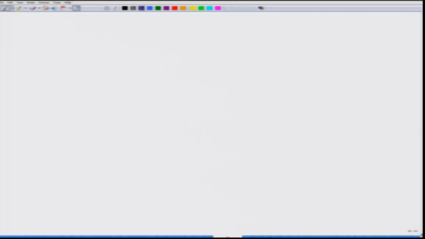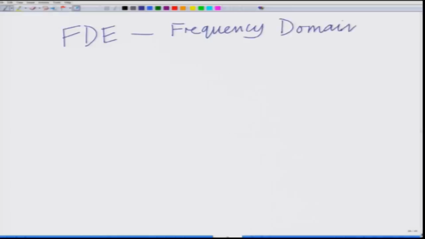Now today we are going to look at yet another scheme which is termed as frequency domain equalization for ISI, that is removing inter-symbol interference. So starting today we are going to look at what is known as FDE, which stands for frequency domain equalization, and naturally it is equalization.